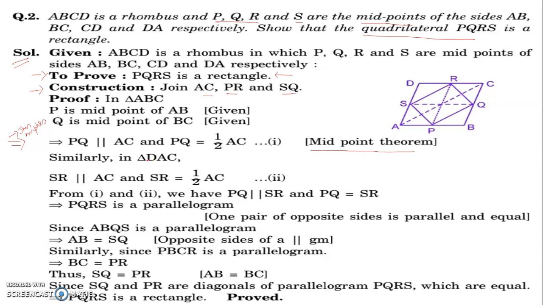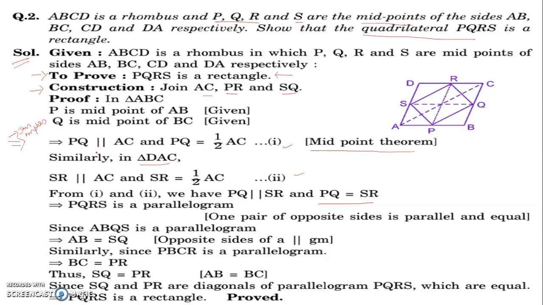Similarly, in triangle DAC, SR is parallel to AC and SR is equal to half of AC. So from equations 1 and 2 we have PQ parallel to SR and PQ equal to SR. Is this clear to everyone, students?